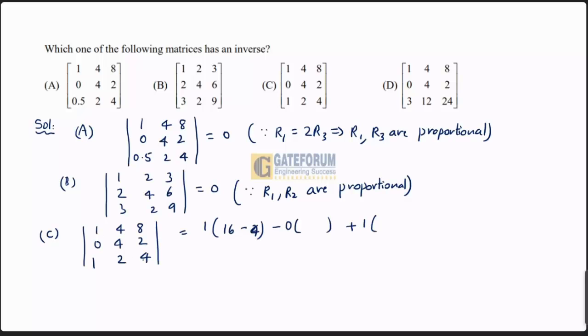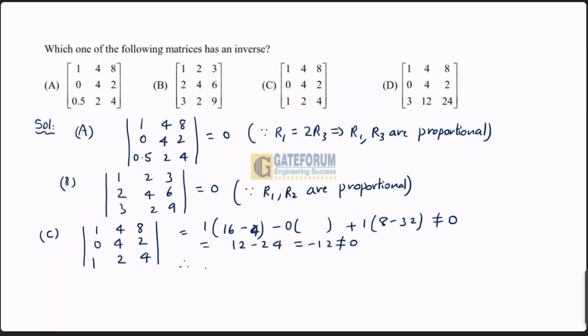this 1 into, deleting first column and third row, 4 into 2, 8 minus 8 into 4, 32. So 8 minus 32, so this value is not equal to 0. Here you will be getting minus 24. Here 12. So 12 minus 24, minus 12, not equal to 0.